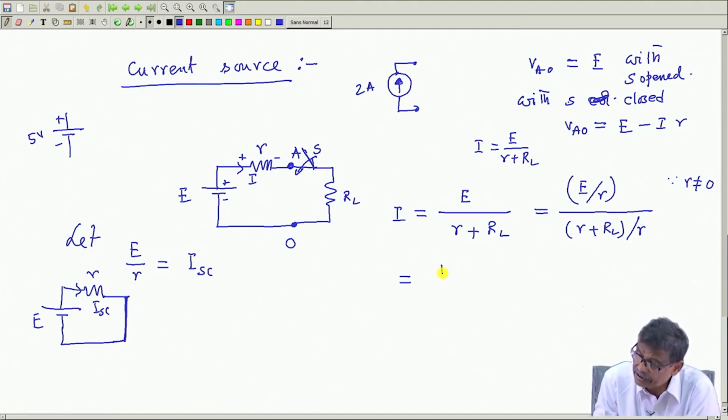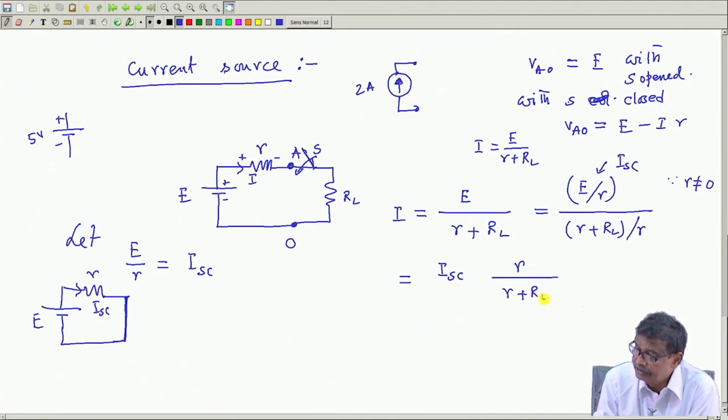So, this can be written as ISC, this E by r is ISC, into r by r plus RL, this will be the thing.